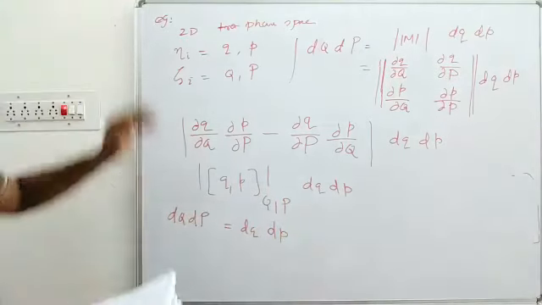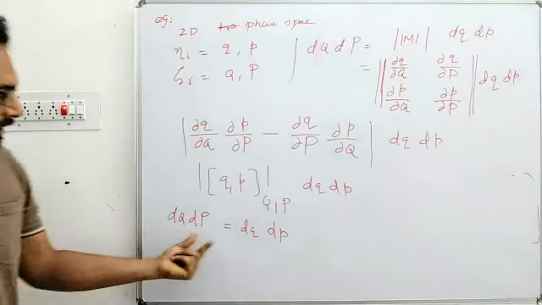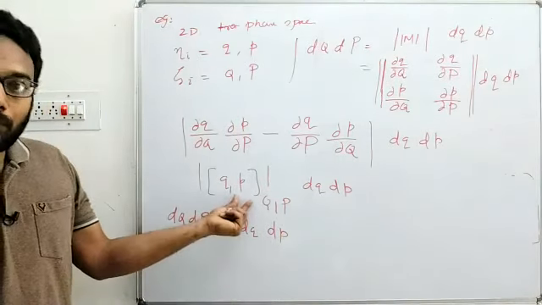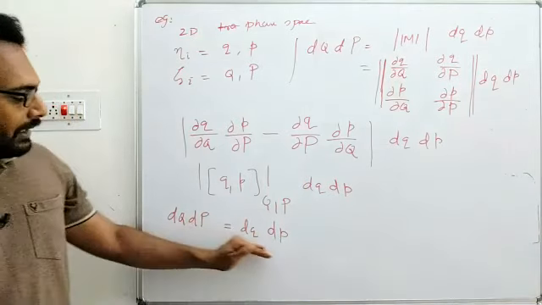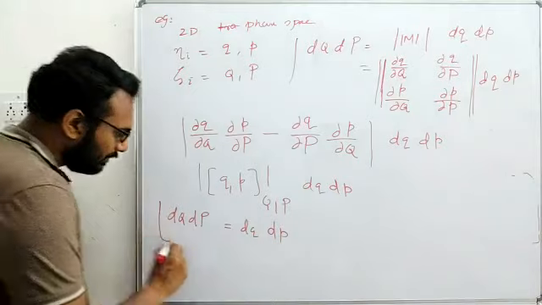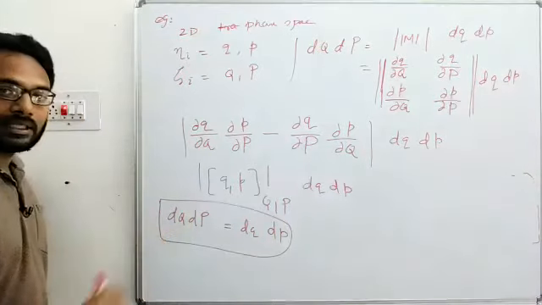So for a 2-dimensional phase space, we have actually proven, using the invariance of Poisson brackets, that the volume element remains the same. The volume element does not change.